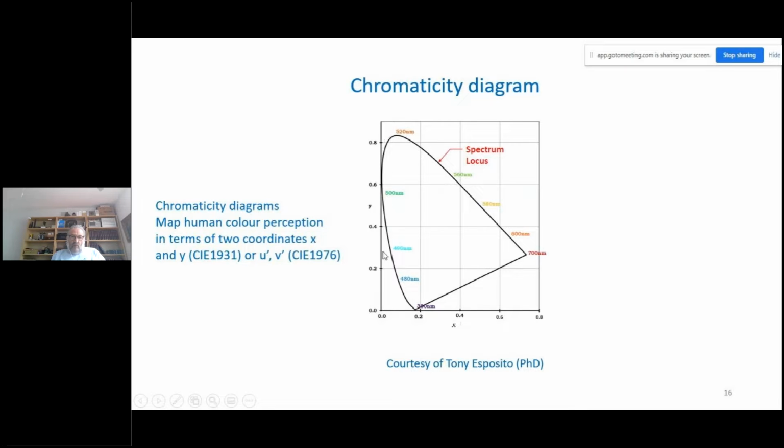Different wavelengths are around here, and a source of light that is a mixture of colors could fall anywhere in between. So it has a coordinate x and y. You can define its chromaticity in terms of x and y. This is actually a 1931 diagram by CIE. You also have a 1976 version.